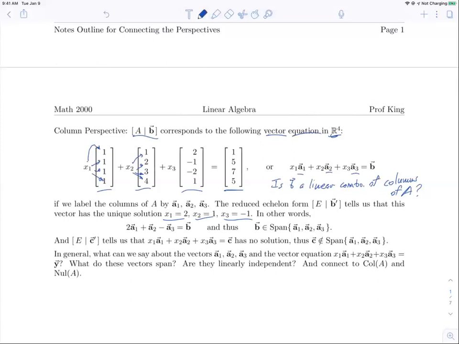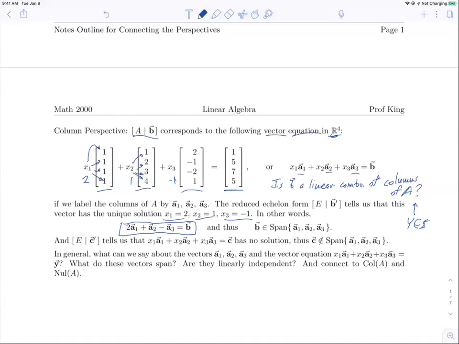So if I plug in 2, 1, and minus 1 for x1, x2, and x3, you should pause and check that you actually get back the vector 1, 5, 7, 5. You get back the vector b. And so the answer here is yes, it is.